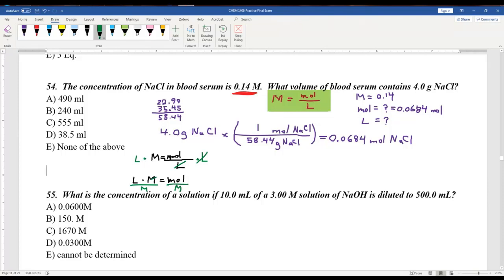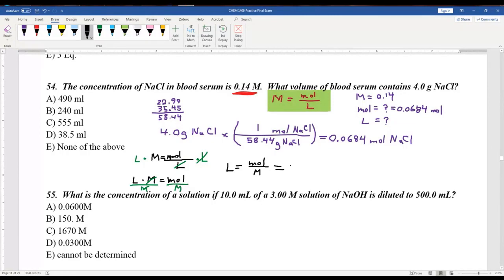I'm going to then divide both sides by the molarity to get the liters. So liters is equal to the moles over the molarity. Now I have the equation for liters. I can plug in the values that I have from above.